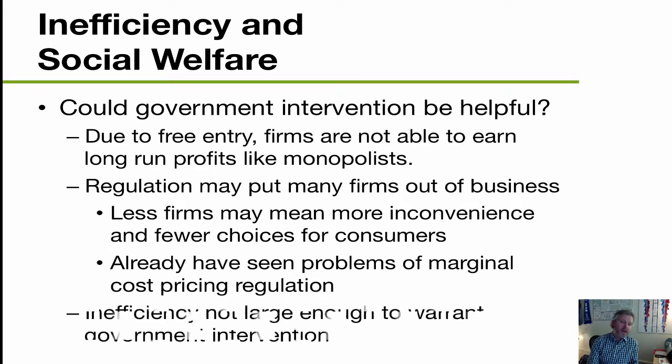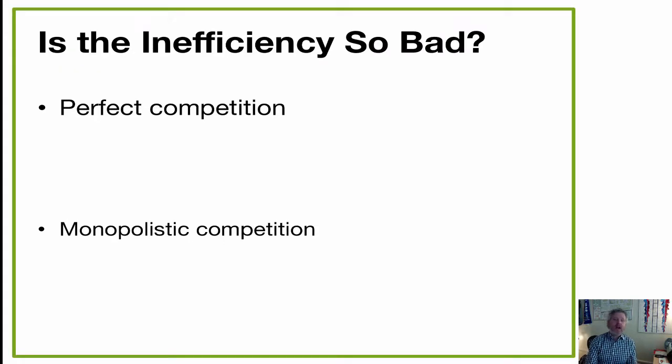We've talked about it in class the other day. If the government forces firms to use marginal cost pricing and their cost structure doesn't support that sort of pricing, you can actually drive your monopolist or your monopolistically competitive firm out of business, all right? Most of the time, the inefficiency in a monopolistically competitive market is not large enough to warrant government intervention, although this varies case by case.